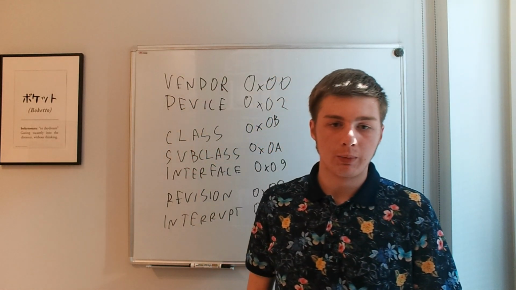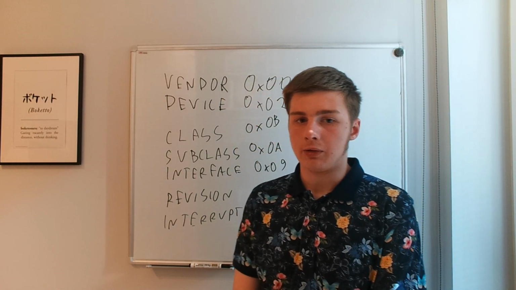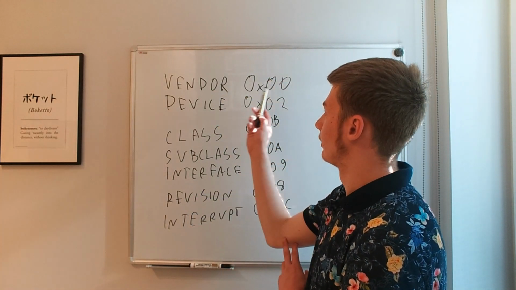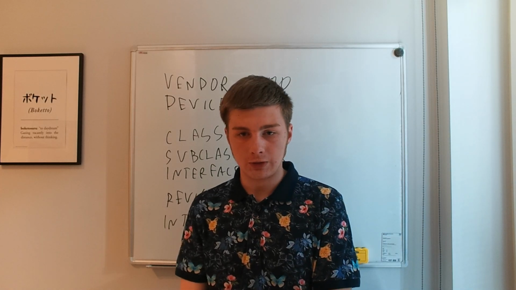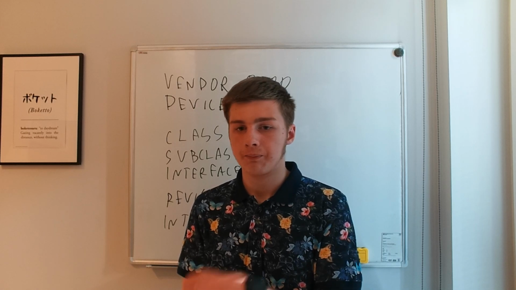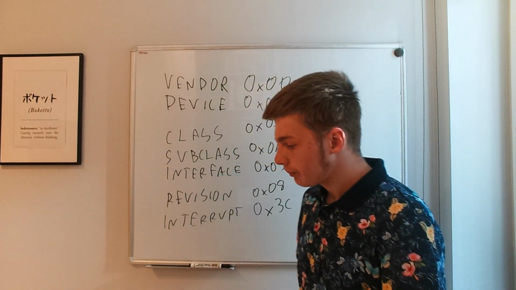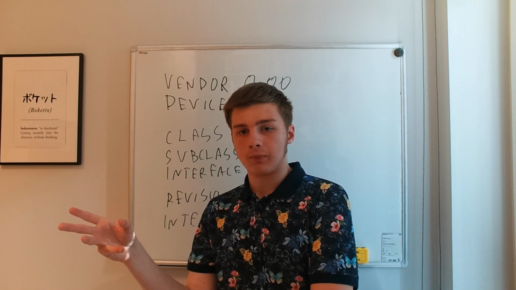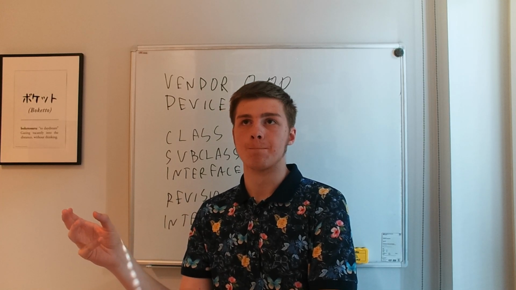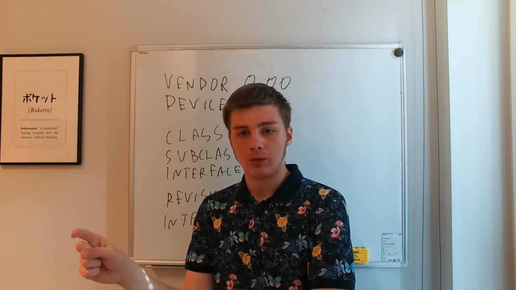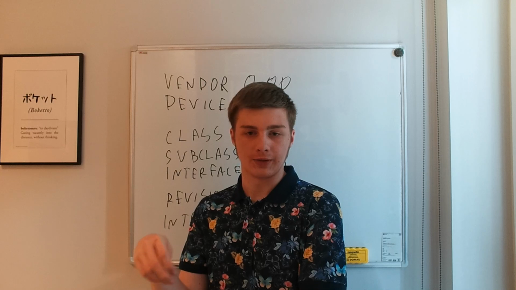Okay, and now how can we check if a given device even exists? Well, you can usually check this off of the vendor ID, because the vendor ID is standardized to never be 0 or the maximum, which is FFFF. So you always have to check in this loop of functions: is the vendor ID either 0 or FFFF in hexadecimal?